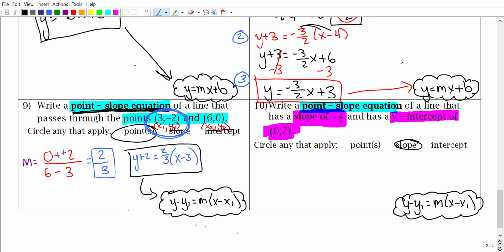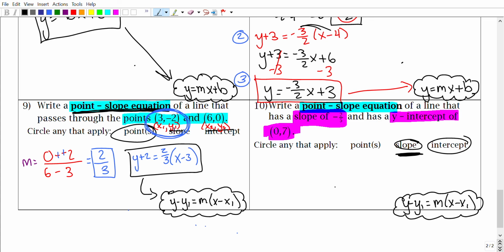However, what are we trying to find here? We're trying to find a point slope equation. Okay, so yes, it's true. We were given an intercept, but I want a slope, which I have, right? I have a slope, and I want a point to do my point slope equation.